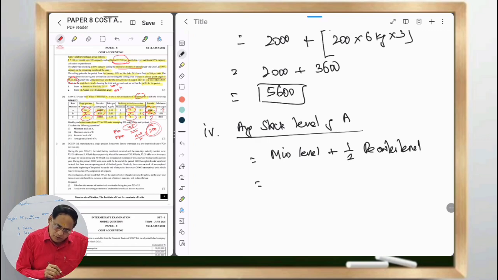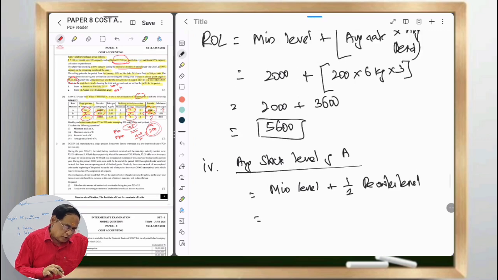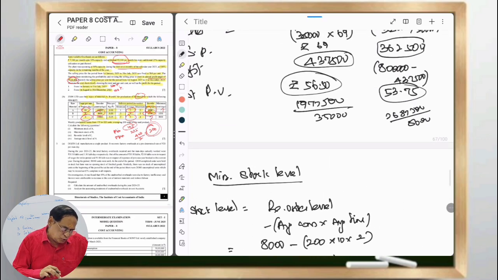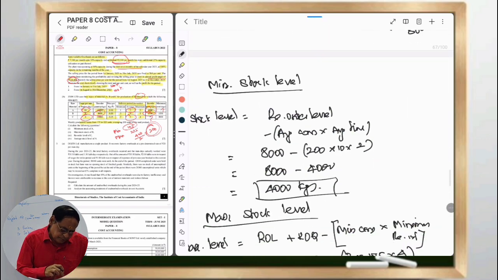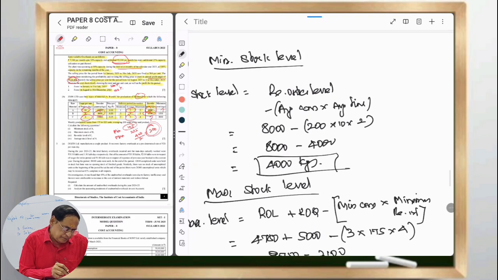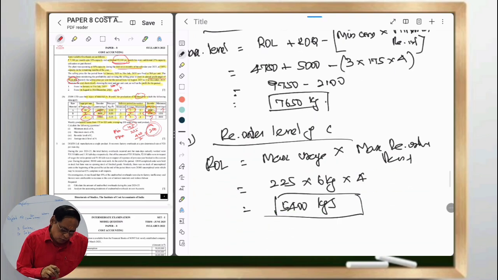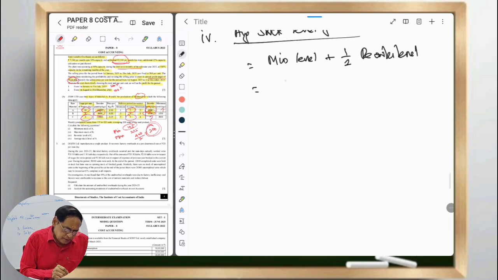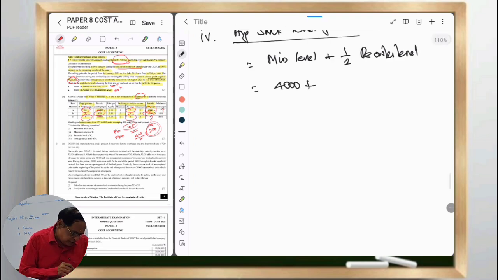Minimum stock level, we know the first thing, A, how much we prepared minimum stock level, that is 2000. Sorry, that is 4,000. So this is the minimum stock level of A. So 4,000. Reorder quantity, actually, is 10,000.